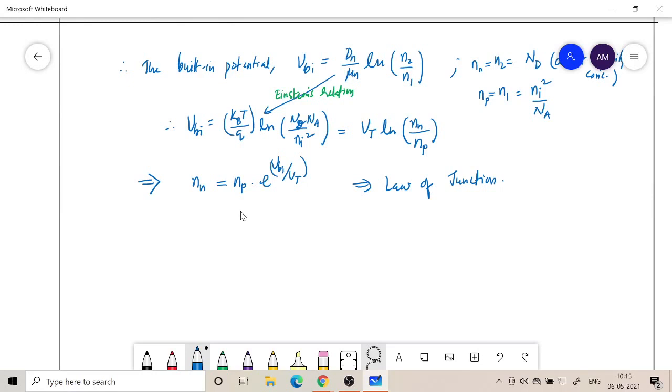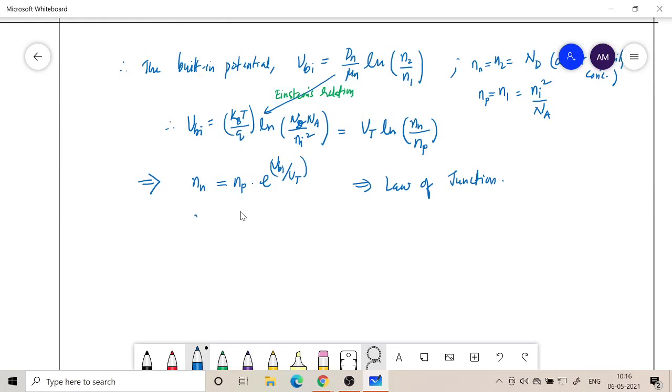Similarly, you can establish a relationship for the hole concentration in a very similar way. All you need to do is start with the hole diffusion current and hole drift current, add those two components at equilibrium, equate that to 0, and proceed exactly the same way. You will get a similar kind of result.